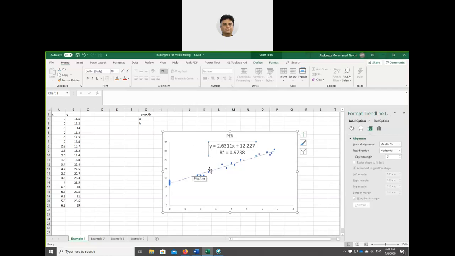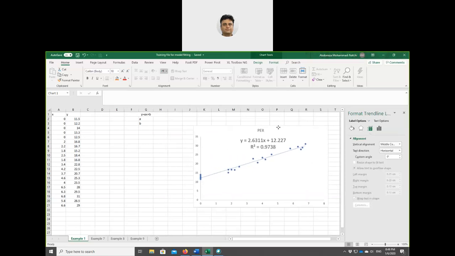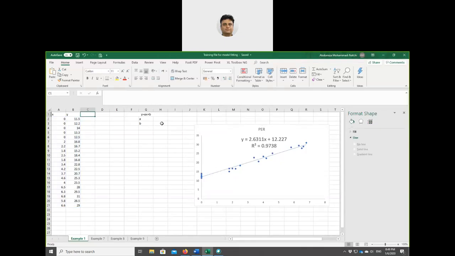I want to do this as another method, which we call the least square method. In the least square method, we need to guess first the a and b, or every constant we need to guess. For example, I guess a is equal to 1, b also equal to 1.